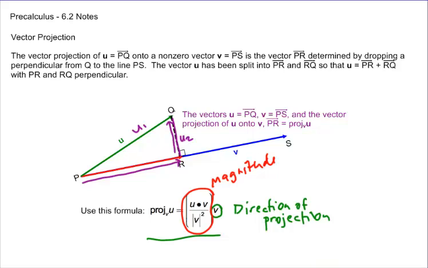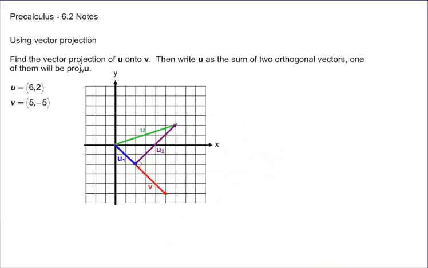So let's try an example. Find the projection of u onto v. Then write u as the sum of two orthogonal vectors. One of them will be the projection of u onto v. Okay, so let's go ahead and take our formula, and if you need to rewind it real quick and get it, you can, but I'll just write it again.